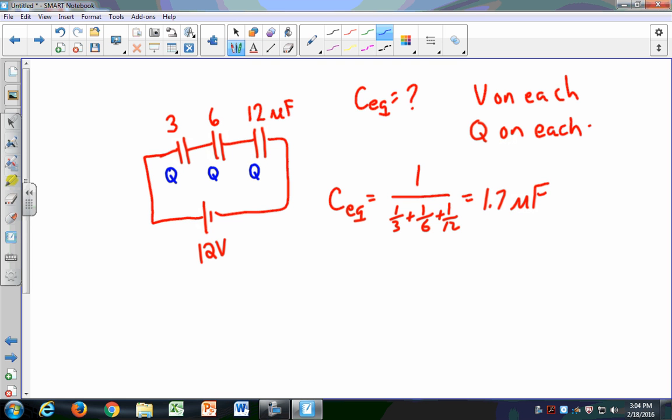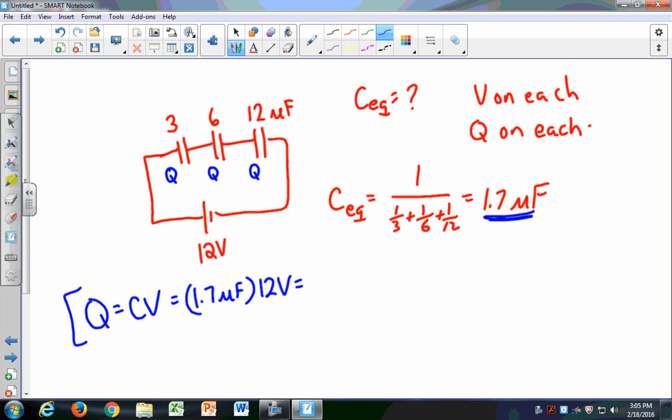Close. So you do want to start with this, that Q is equal to CV. That's also one of our relationships we need to know. So I'm just going to take that equivalent capacitance and multiply it times the voltage. And that's going to be about 20 or so.